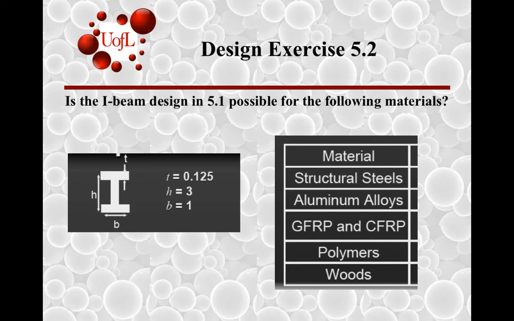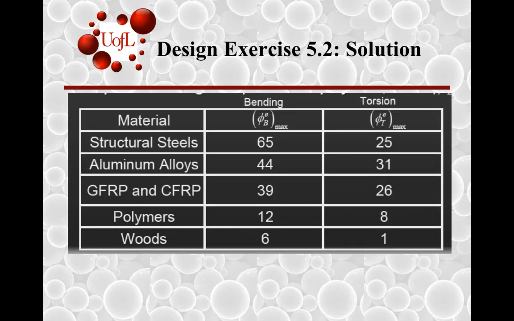We had earlier come across the fact that there is an upper limit for a shape factor for a given material, right? For steels, it's a number 65. For aluminum alloys, it's 44. And for woods, it's 6.